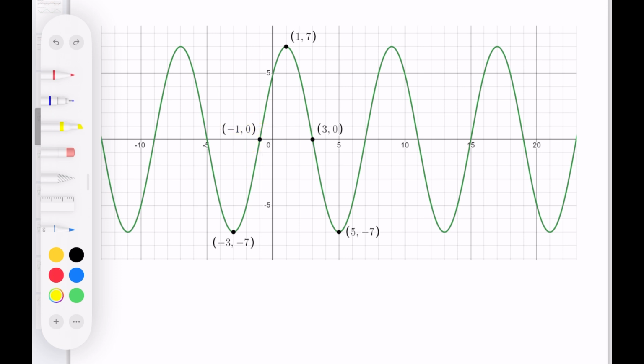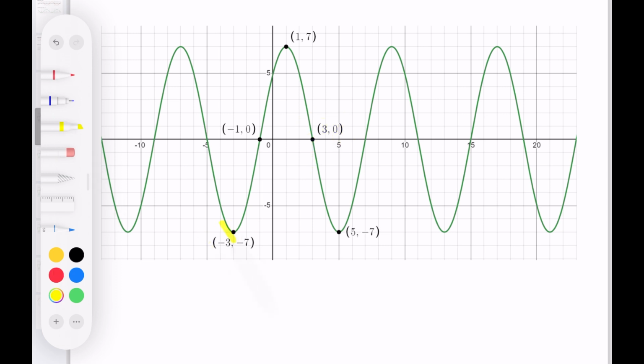Similarly, if you look at this point, 3, 0, within a neighborhood of that point, you can see that the graph is going down, which means it looks like the behavior around the starting point of the reflected basic sine curve, meaning I should be able to write down a negative sine equation using that point, 3, 0.